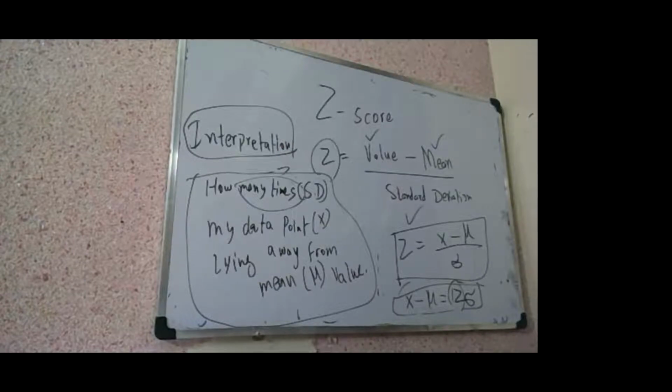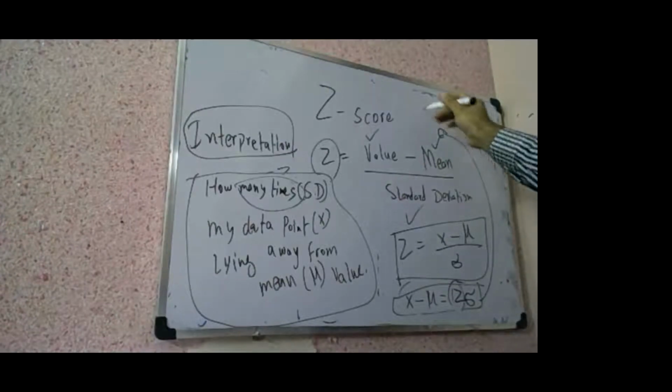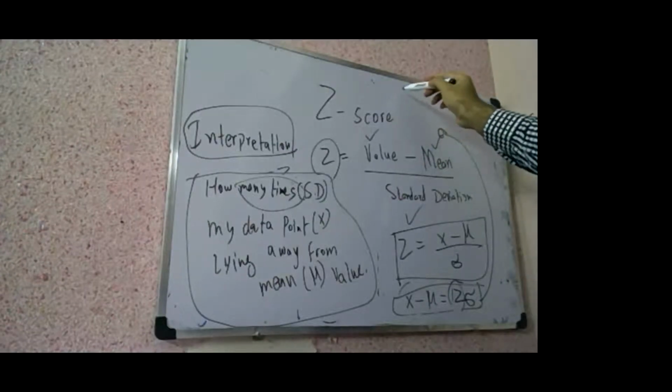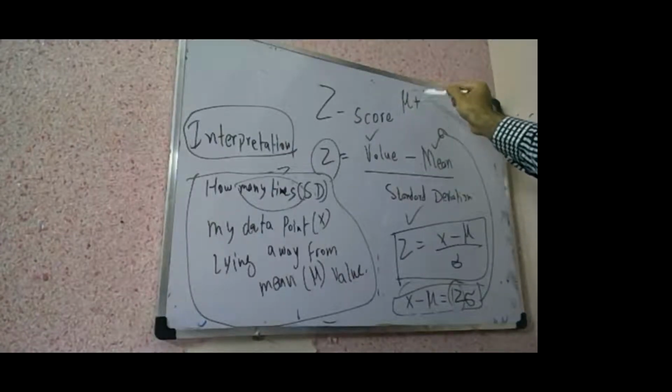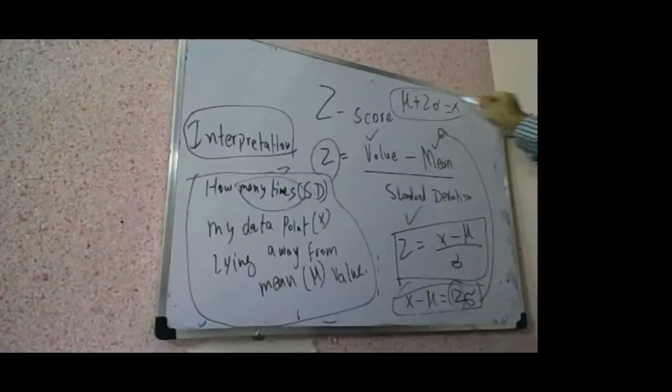You can further solve it by taking mu plus minus z. So if I take it here, just so that you can see it clearly, can I say mu plus z sigma is equal to x?